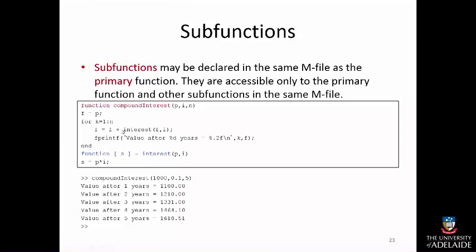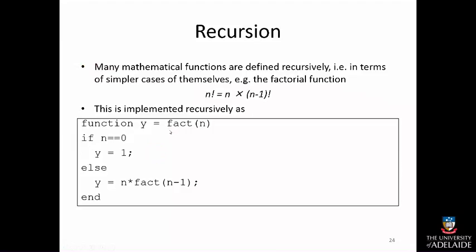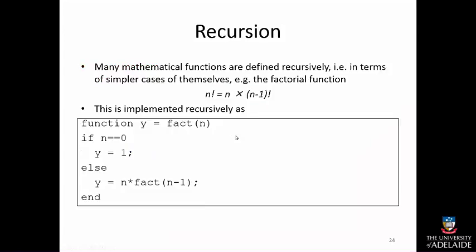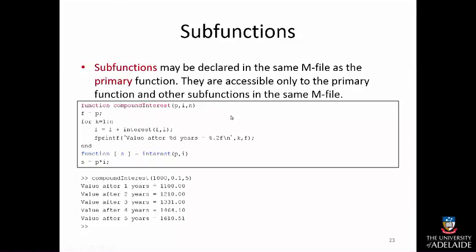So f equals f plus interest times, right, f comma I. So now this is clear, yeah? So you cannot call it outside your function file.